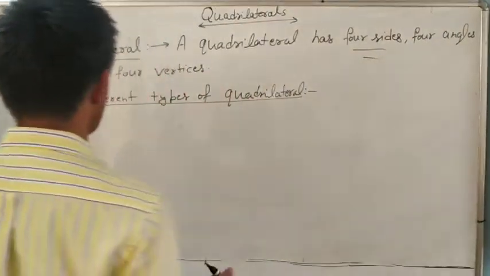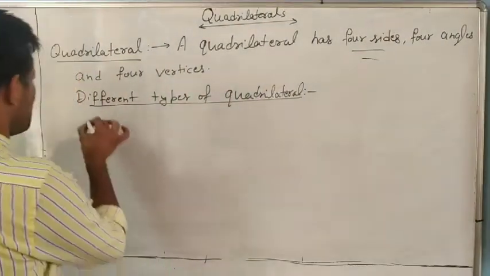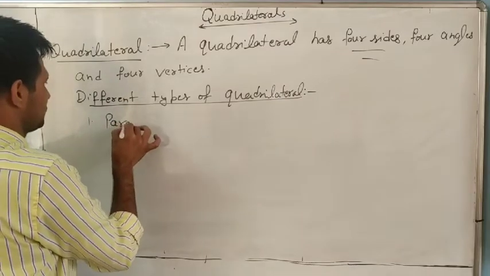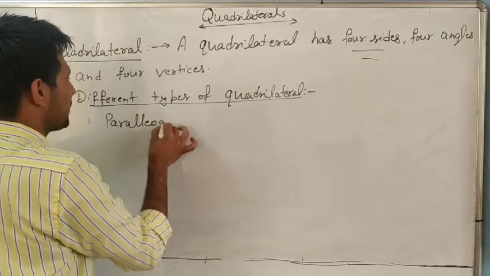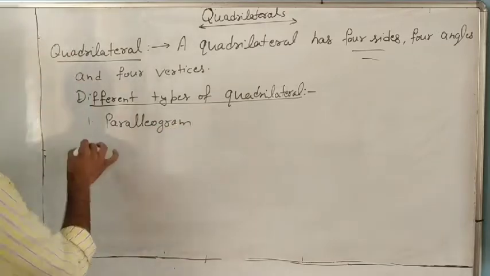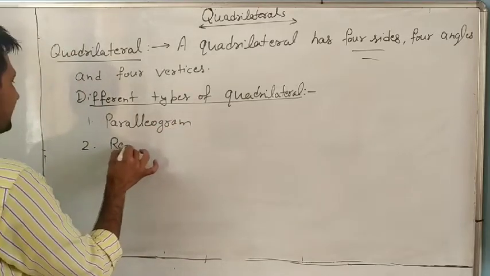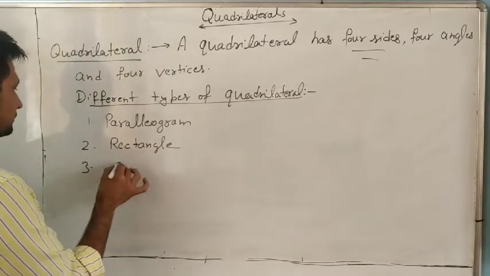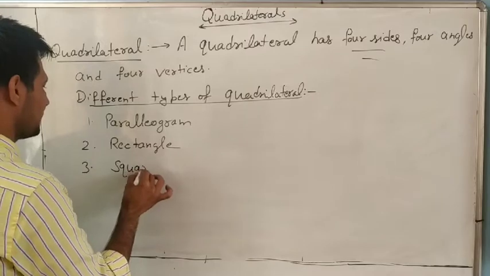First is parallelogram. Very important it is. What is parallelogram? Second, rectangle. Third is square.